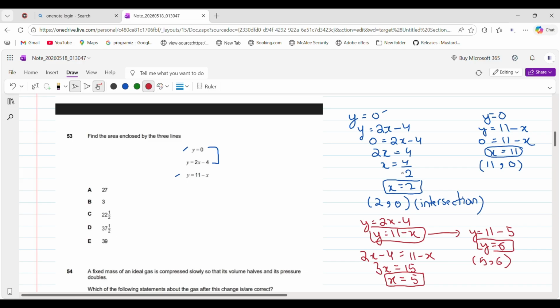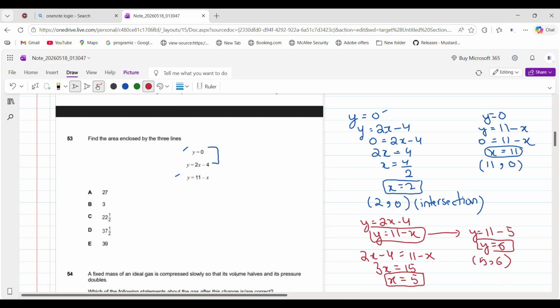Now let's draw the graph and see what's happening here.